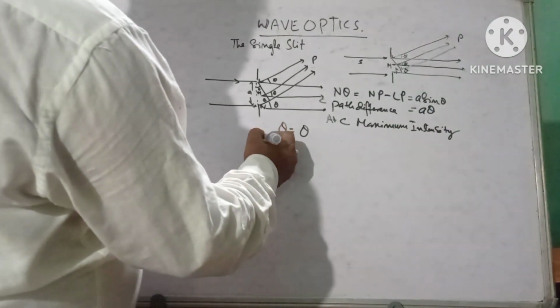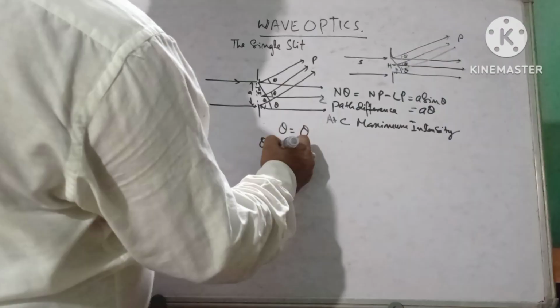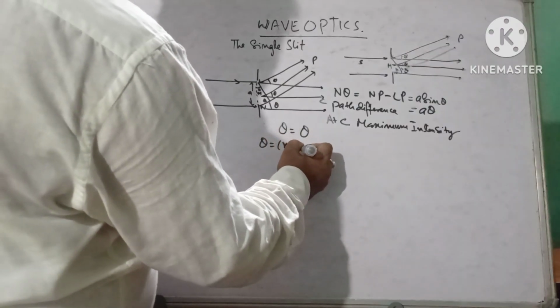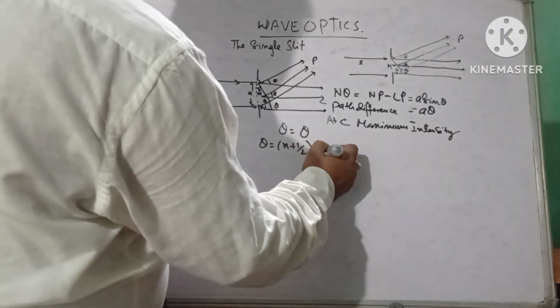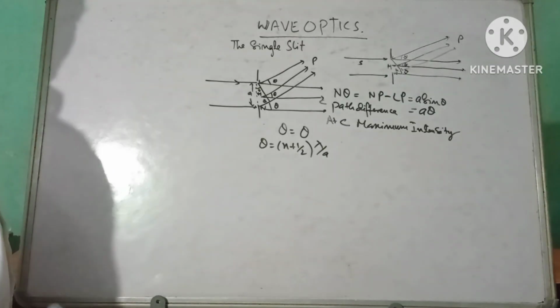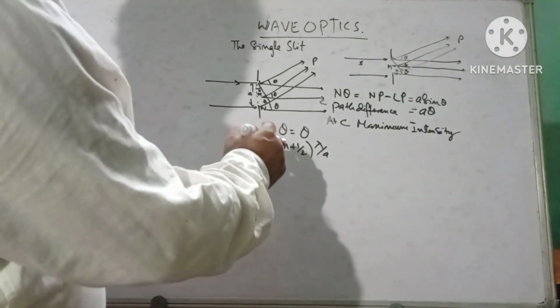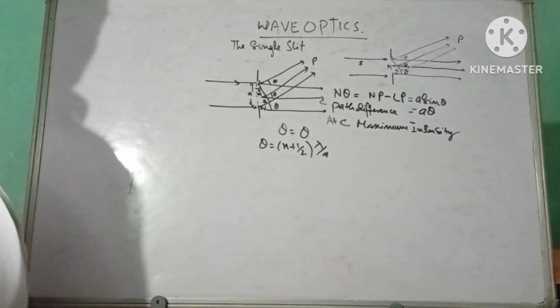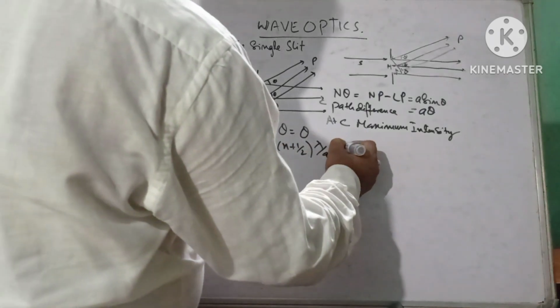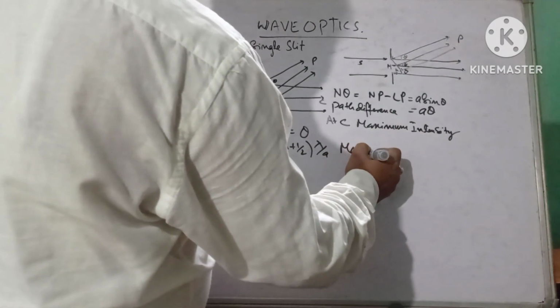Now, if your theta is (n + 1/2) lambda by a, it has been stated here that you are going to get maximum intensity.